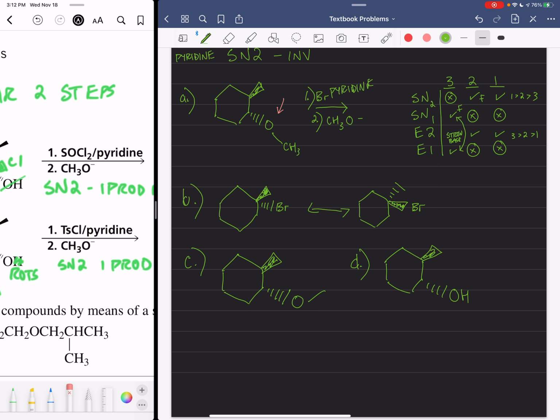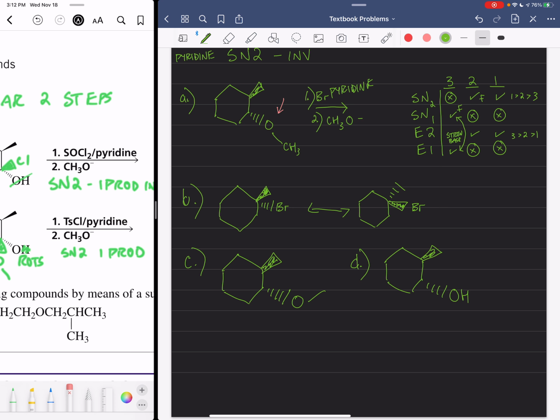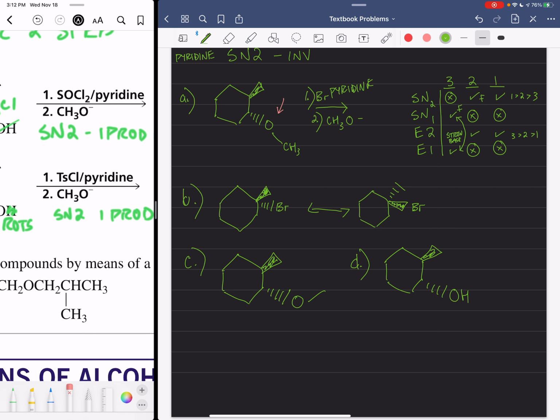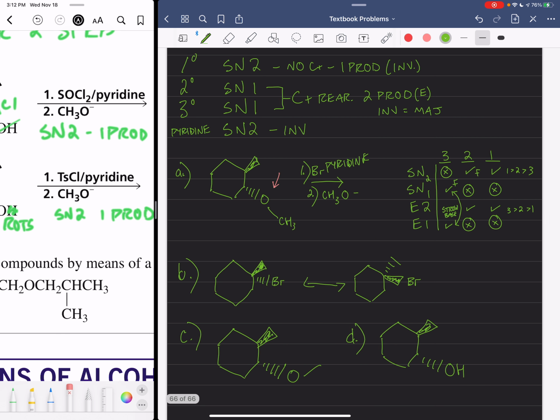Well, this is like a sulfonyl group that initially comes in. I believe it's still an SN2.